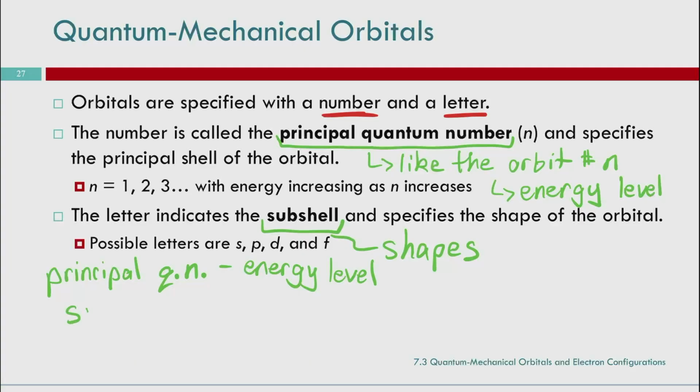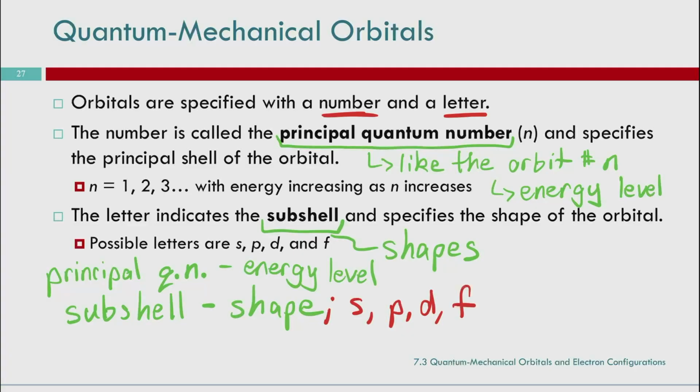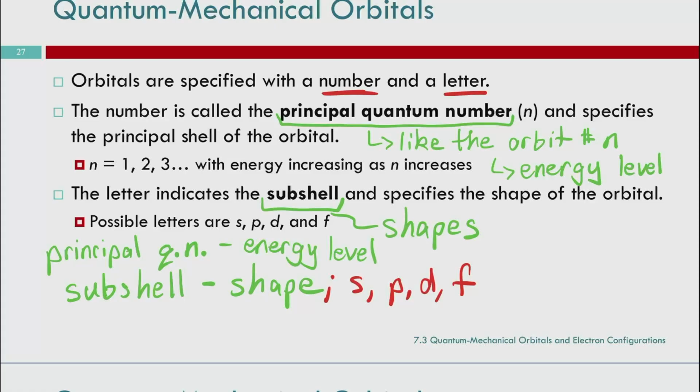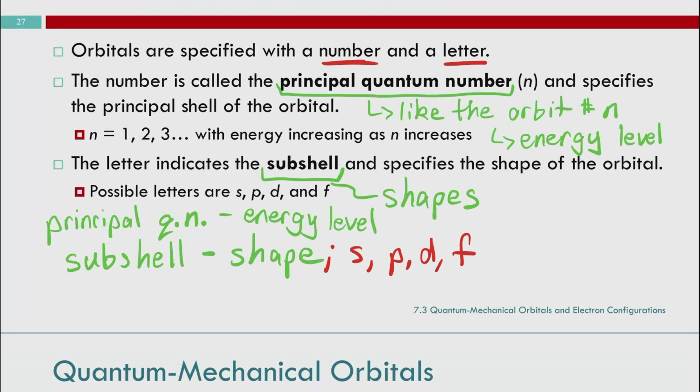And we've got a subshell, and that's our shape. Our options for our shapes are S, P, D, and F, in that order. Give you some time to write.